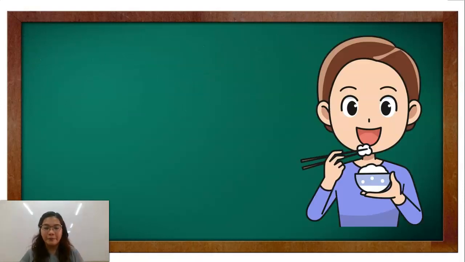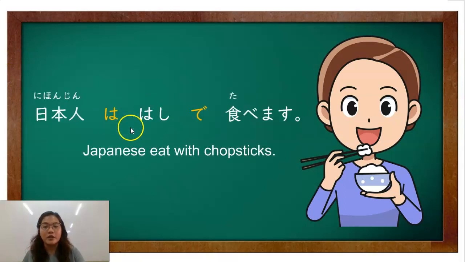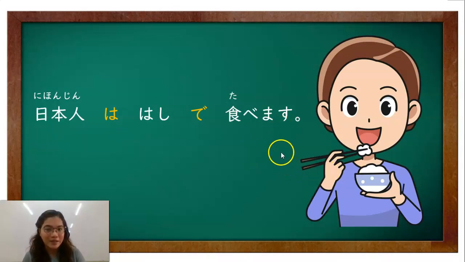So, for example, in this picture, gumagamit siya ng chopsticks sa pagkain. Let's assume that she's one of the Japanese. So, you can say, ang mga Japanese ay gumagamit ng chopsticks sa pagkain. Nihonjin wa, okay, chopstick is hashi. Hashi de tabemasu. Again, Nihonjin wa hashi de tabemasu.